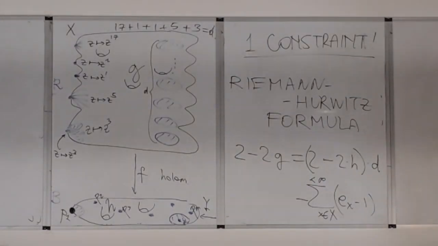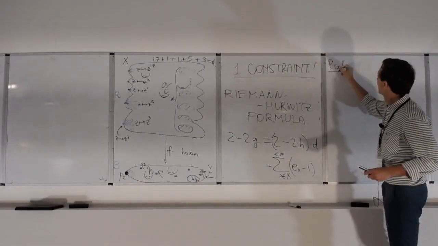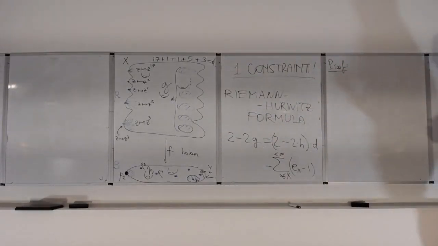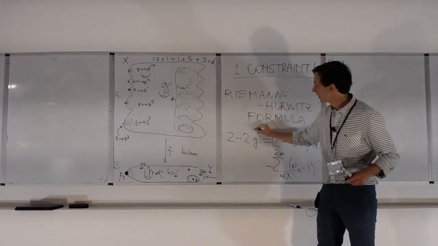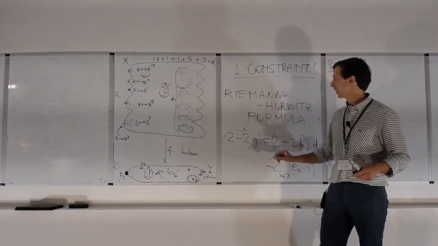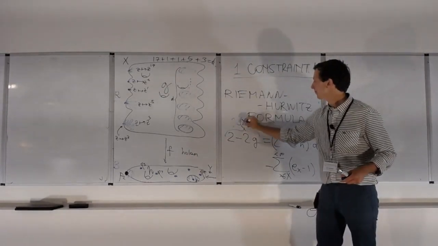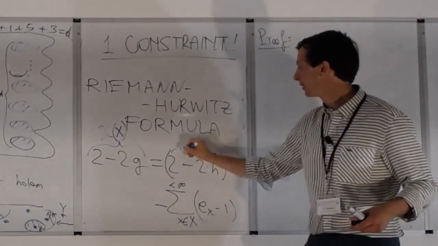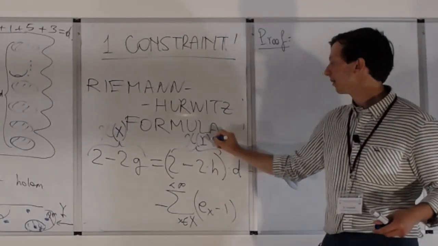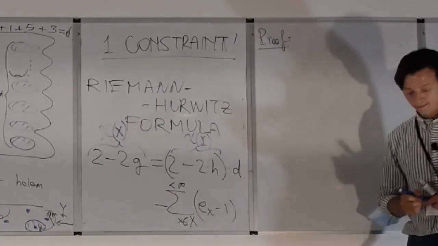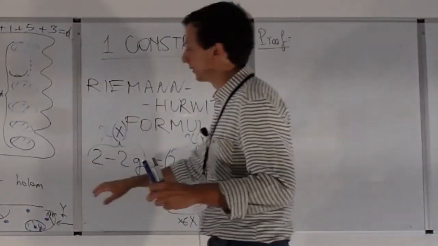Yeah, so the proof, it's beautiful. And it's just the following. This one here is just the Euler characteristic of X, and this one here is the Euler characteristic of Y. It's written here, but it's a mess.